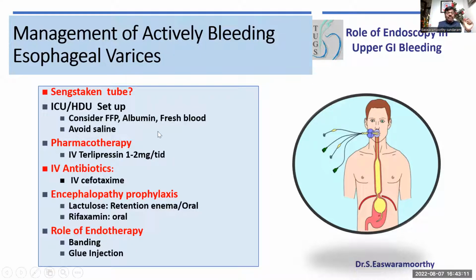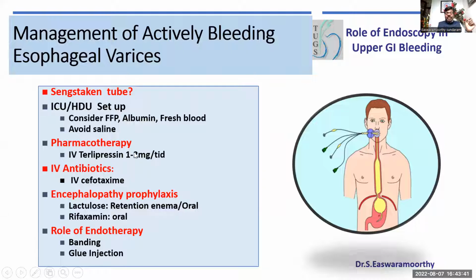So we spend more time on the other things. I keep all variceal bleeding in our HDU and ICU. Consider fresh frozen plasma. In some people with a very low albumin it may also be useful. Fresh blood, these are the things. Avoid saline. That is a very, very important message. Ascites gets worse if you give a lot of saline to these patients. Terlipressin, in my opinion, is a wonder drug. Very few side effects. 1 to 2 milligrams, 6 hourly we can give.